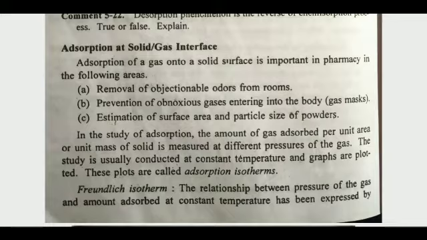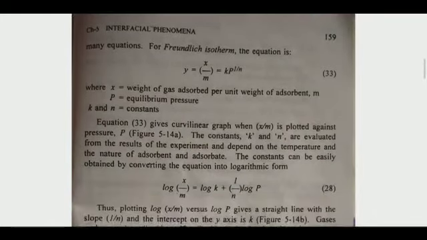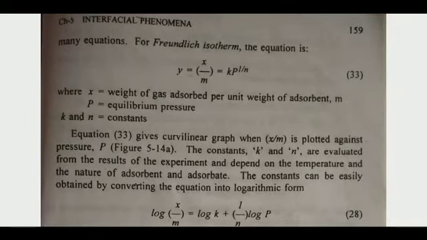The Freundlich isotherm expresses the relationship between pressure of gas and amount absorbed at constant temperature, using the Freundlich isotherm equation: x by m is equal to k into p to the power of 1 by n.